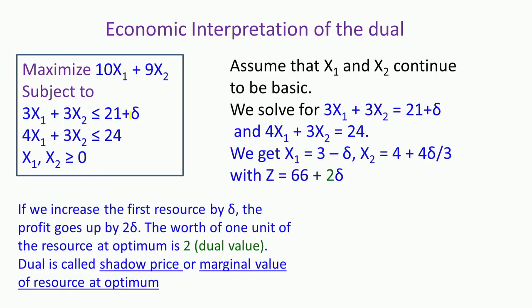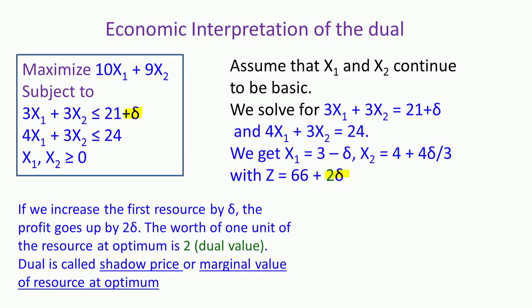In the last class we addressed the economic interpretation of the dual, and we looked at the same example and said if we increase the value of the right hand side of the first resource by a small quantity delta, and if we solved the problem under the assumption that we make the two products x1 and x2, then the profit or revenue increases by 2 delta.